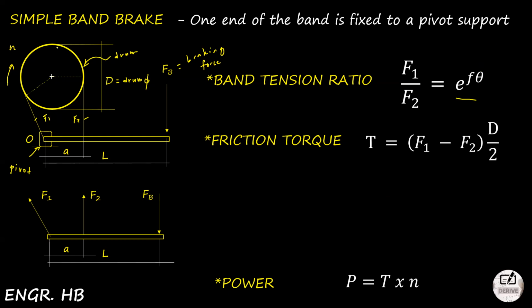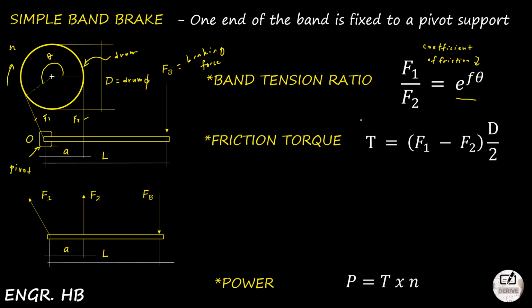So what is that theta? That theta is your contact angle here, and f of course ang walang kamatayang coefficient of friction. And this kind of setup, F1 over F2 equal to e^(fθ), is familiar to us way back on our shafting design and other topics.